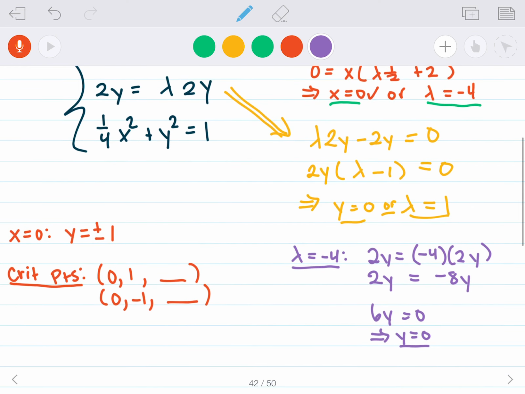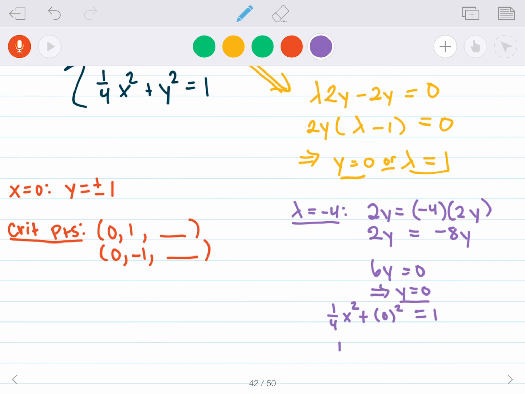Well, when y equals 0, we need to figure out what the corresponding x is, right? So I'm going to plug that into my constraint equation to see what it's telling me about x. I'm just plugging in 0 for y into my constraint equation.